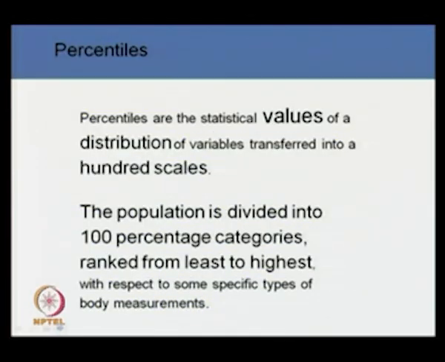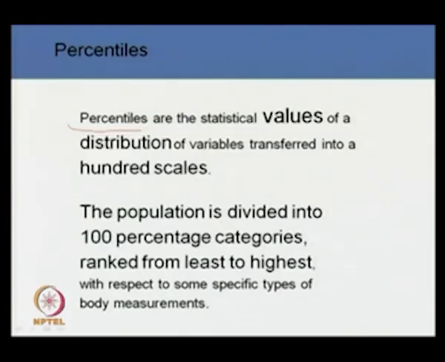What are percentiles? Percentiles are the statistical values of a distribution of variables transferred into a 100 scale.